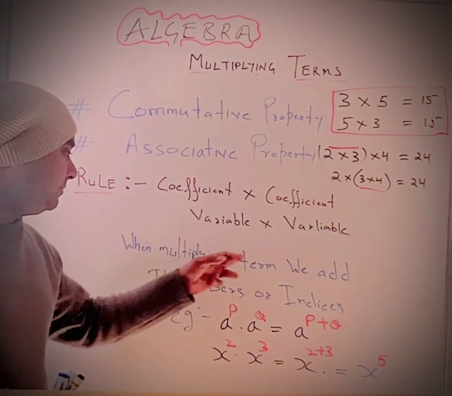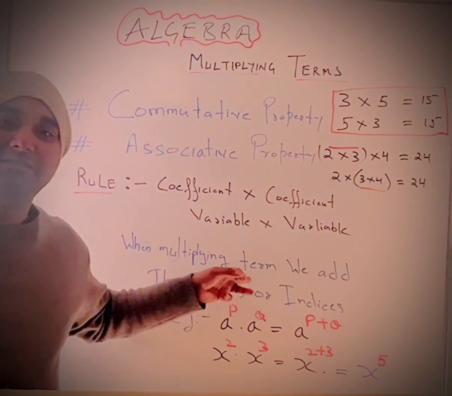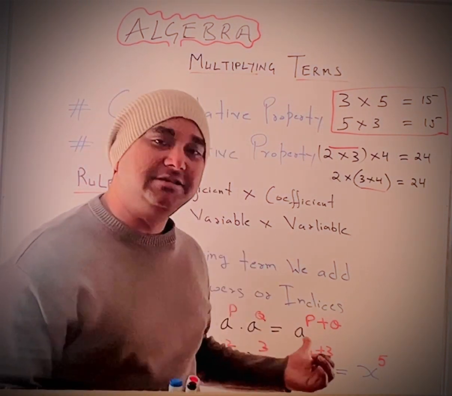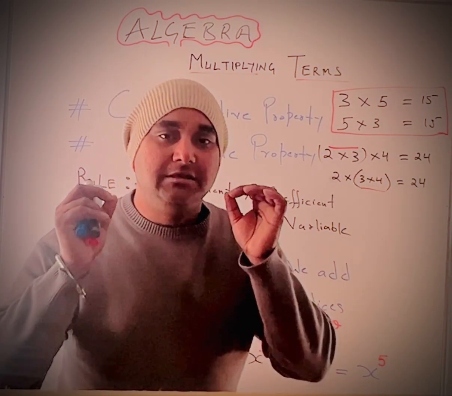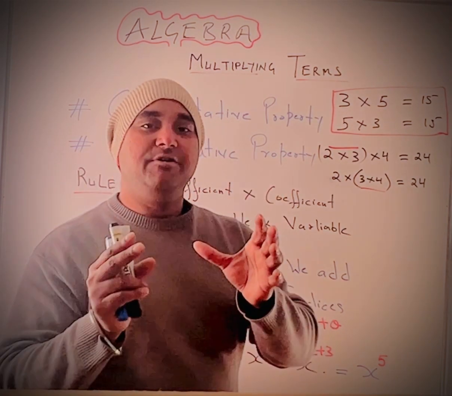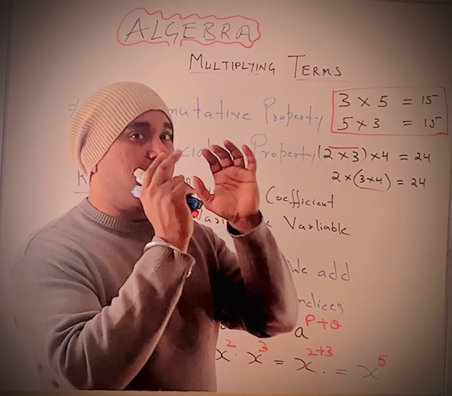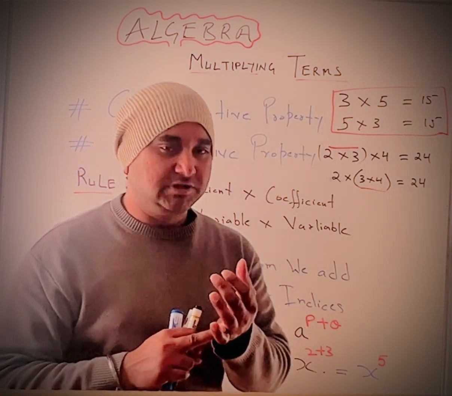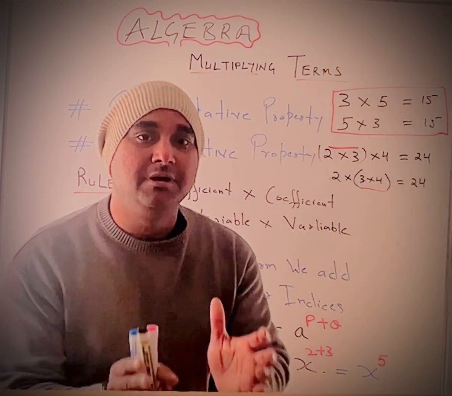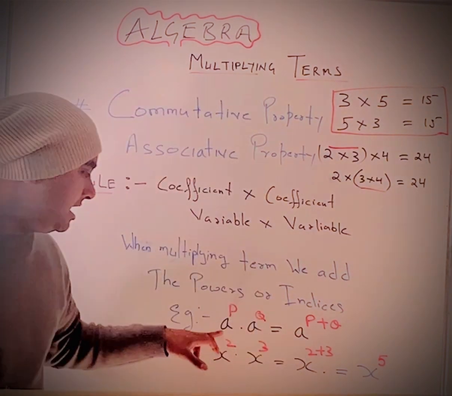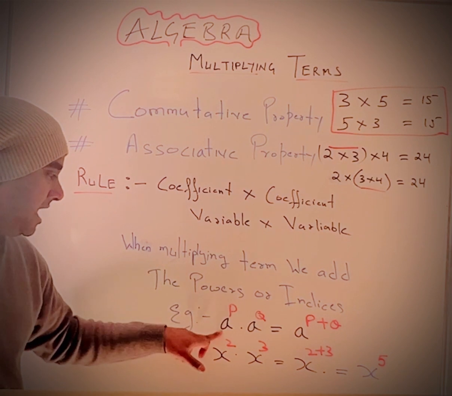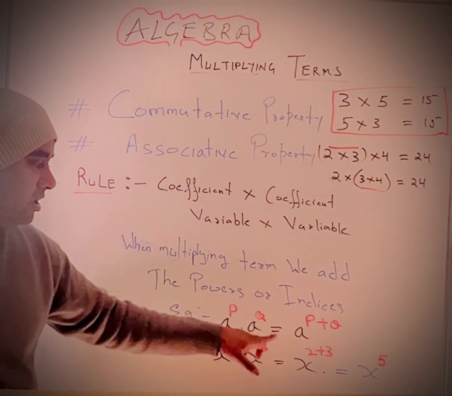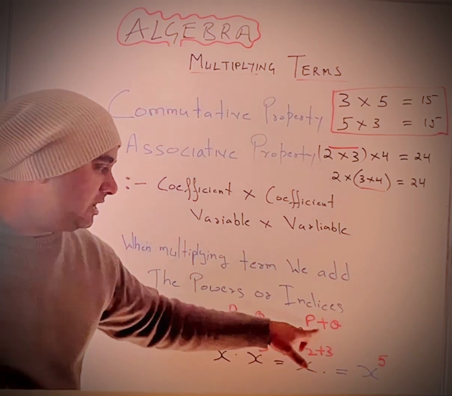When you are multiplying the same variables, the powers of those variables, power, indices, all different words for the same thing, they add up. Let's say in here we have an example: a to the power p multiplied by a to the power q will give us a to the power p plus q.